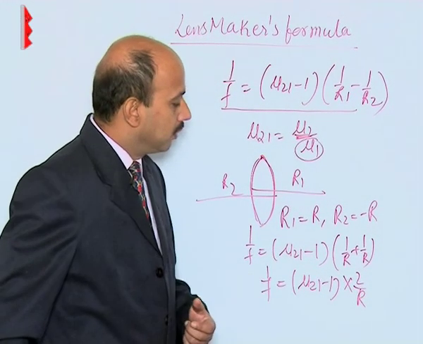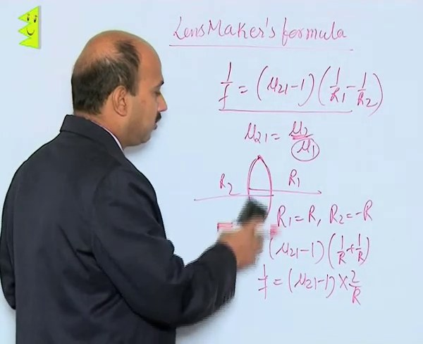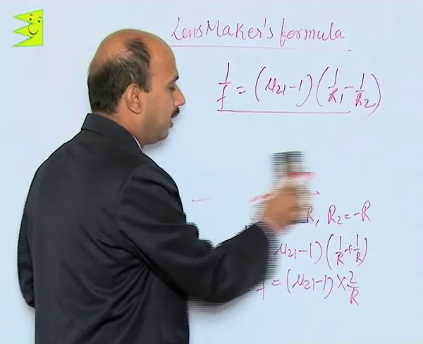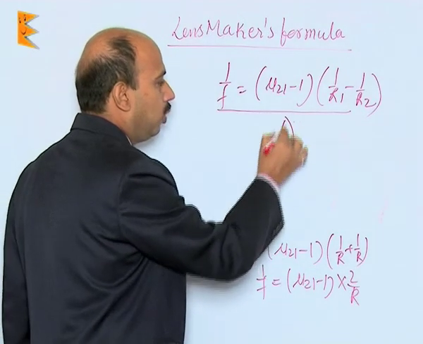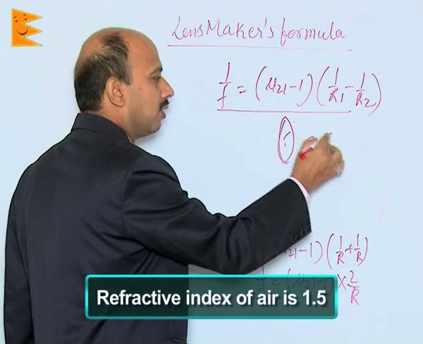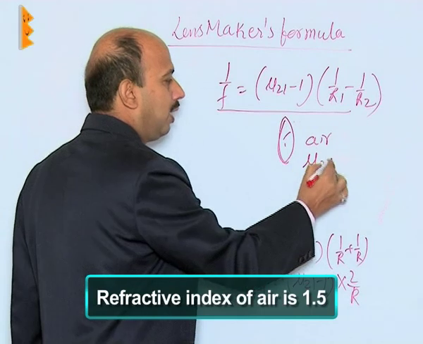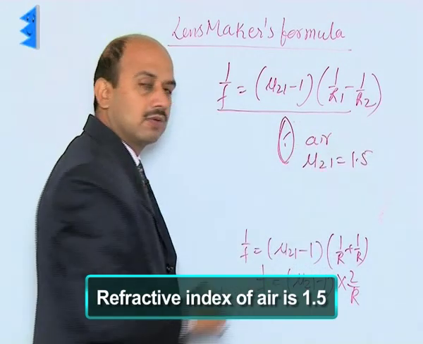But now see here, if the lens is, suppose, glass, then we can write mu 2 1, because the lens is made of glass and here is air, as 1.5.